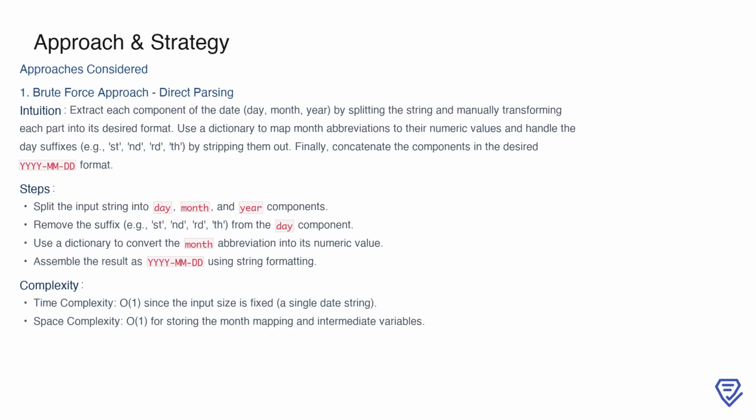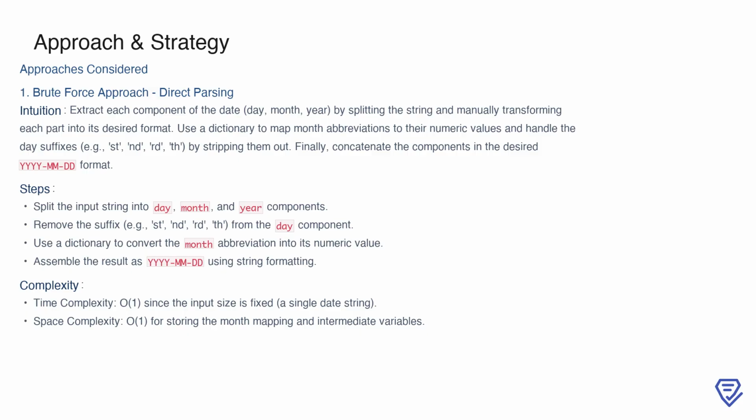To tackle the problem of reformatting a date string, we first considered the brute force approach. Here, the intuition is to directly parse the given string by extracting its components, the day, month, and year, through string splitting and manual transformation. For example, the day component includes a suffix like st, nd, or th, which we can strip out to get just the numeric value. Similarly, the month abbreviation, such as Jan or Feb, can be converted into its numeric equivalent using a predefined dictionary.